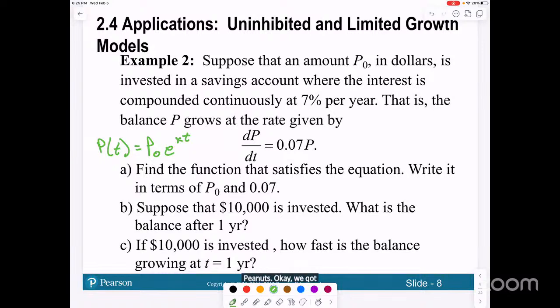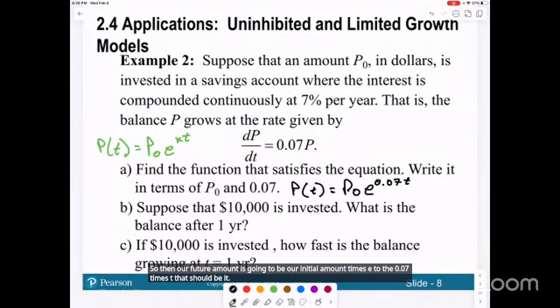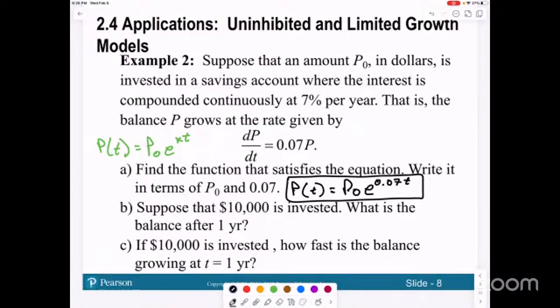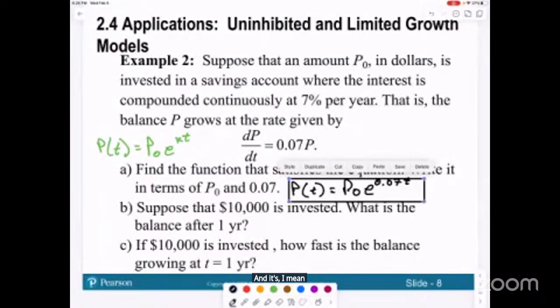So for this example, the 0.07 is going to be our k. Then our future amount is going to be our initial amount times e to the 0.07 times t. That should be it. Essentially, I just used theorem 9.